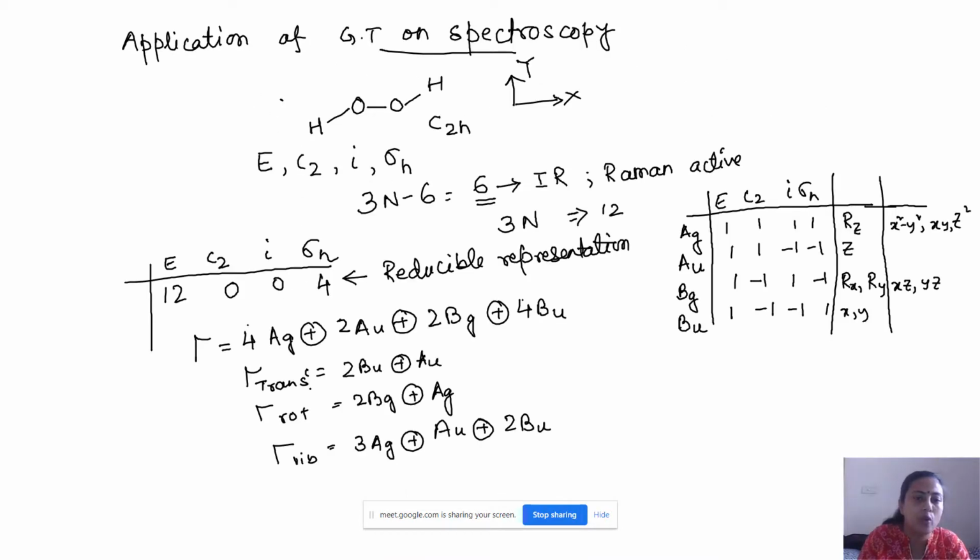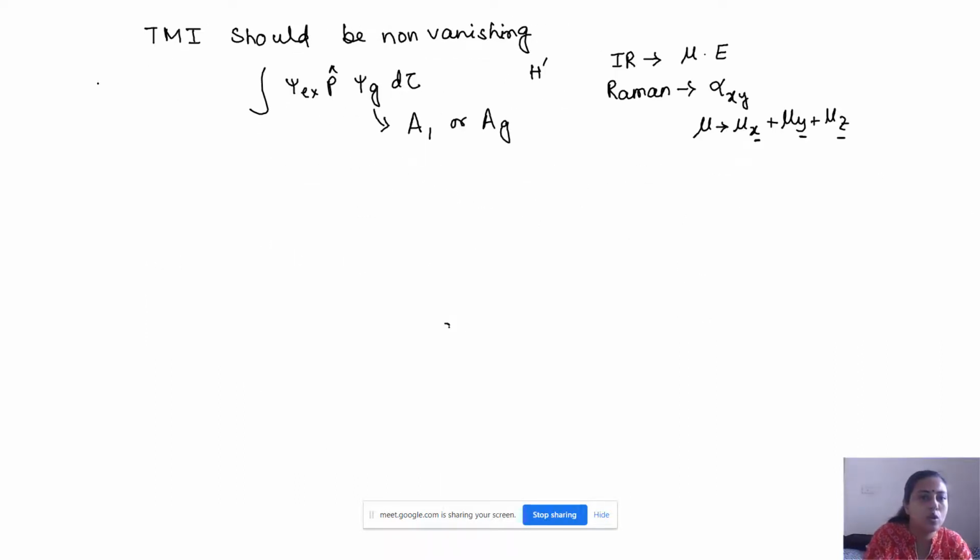That is, the excited state can be of the type Ag or the type Au or the type Bu. So the excited state can have the symmetry species Ag or Au or Bu.